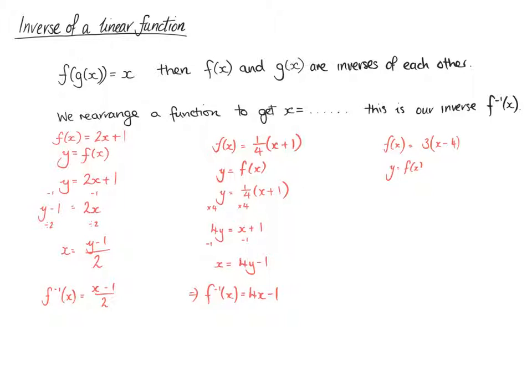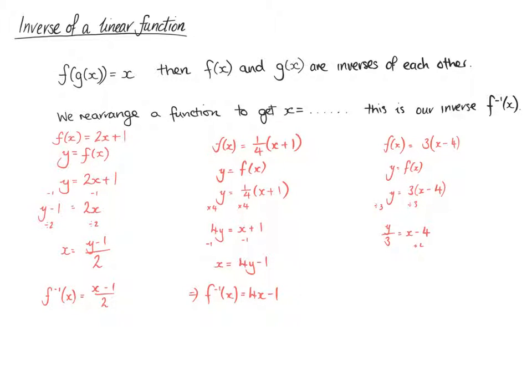You can either multiply out the brackets and then rearrange, or you can leave it as it is and rearrange that way. It doesn't really matter, you'll get the same answer either way. So I'm just going to do it this way. I'm going to divide by the 3 first. So we're going to get y over 3 is equal to x minus 4.